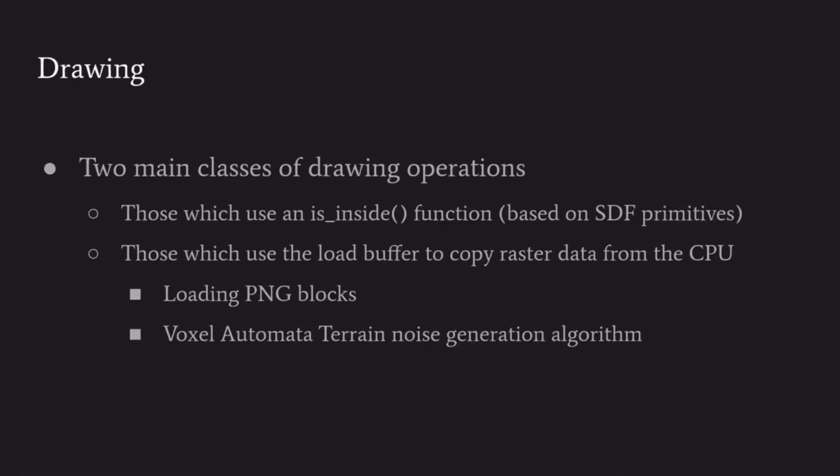So it's not just directly loading data from the CPU into your front buffer. It's selectively applying it based on the mask. That's used for loading PNG models that you've saved, or it's a very cool algorithm. I talked to the guy, Brent Werness. He's very cool. Look up voxel automata terrain. I'll show you some pictures a little bit later, but it's a very cool noise generation algorithm.